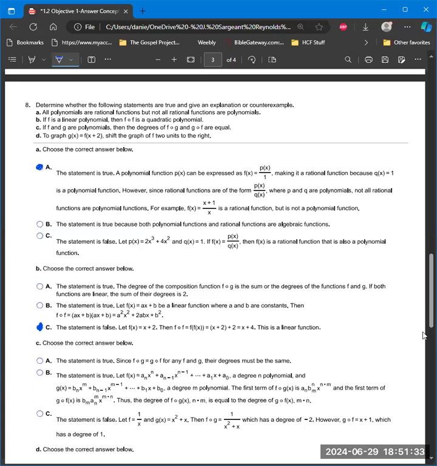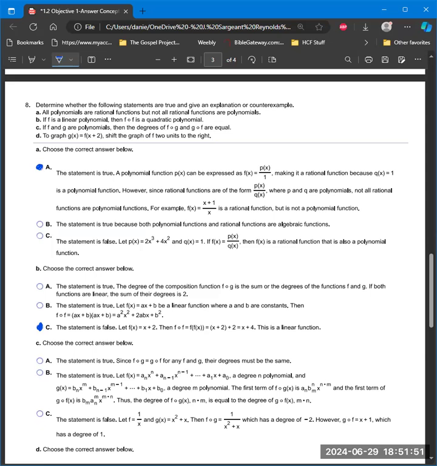Part C, if f and g are polynomials, then the degree of f of g and g of f are equal. The statement is true.